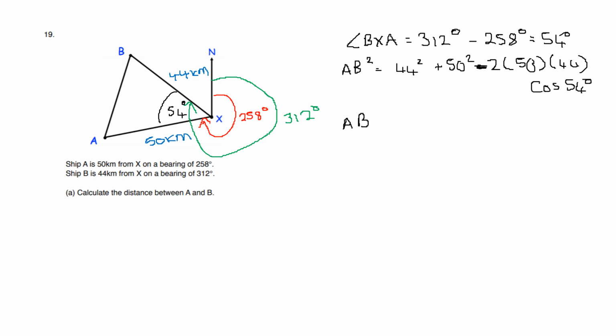So AB squared will be equal to 4,436 minus 4,400 cos 54 degrees. So therefore AB will be the square root of that.